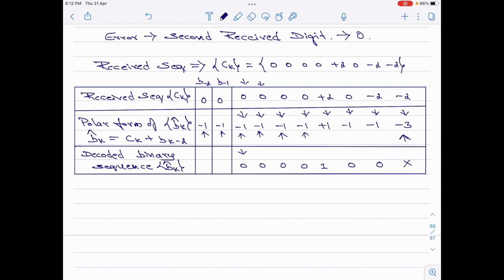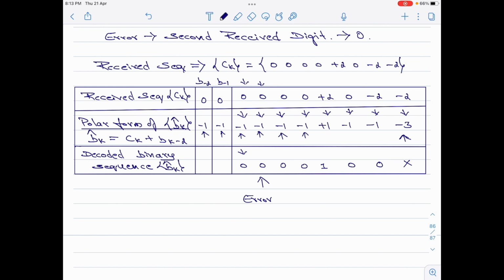Let us now analyze the error. We were told that the second digit is an error. Therefore, the decoded binary bit at the second digit is also an error. Coming back to the equation for decoding, please note b_k cap is equal to c_k plus b_{k-2}.